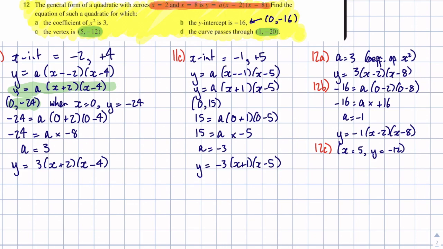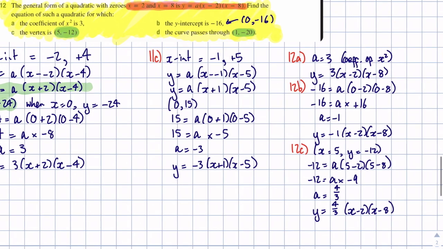So -12 equals a outside of (5 take 2)(5 take 8). 5 take 2 is 3, 5 take 8 is -3, and 3 times -3 is -9. So a is -12 over -9, which comes out as positive 4 over 3. So the equation is 4 over 3 times (x take 2)(x take 8).